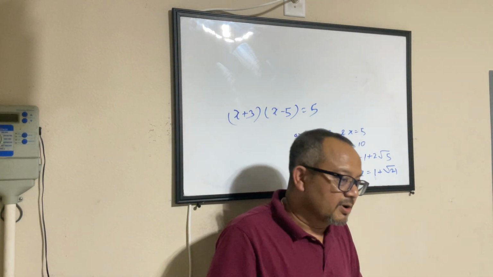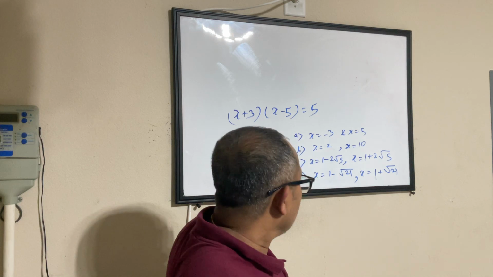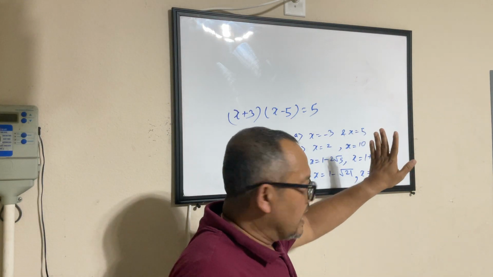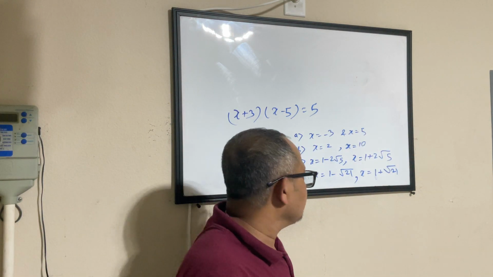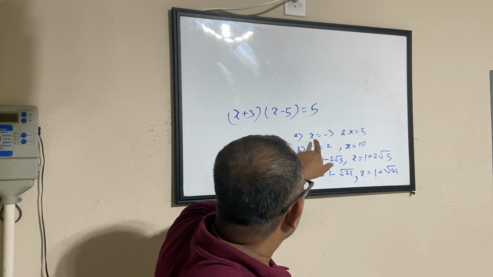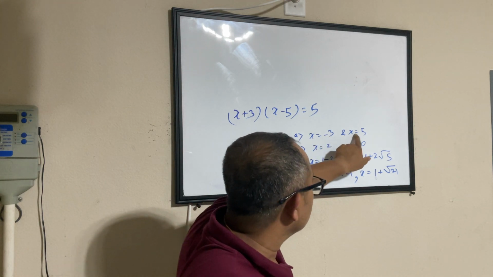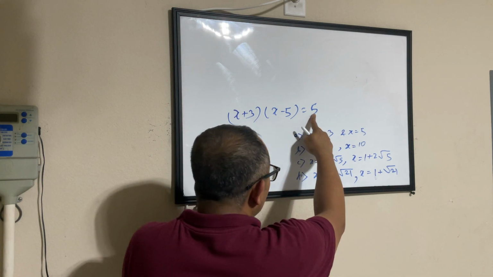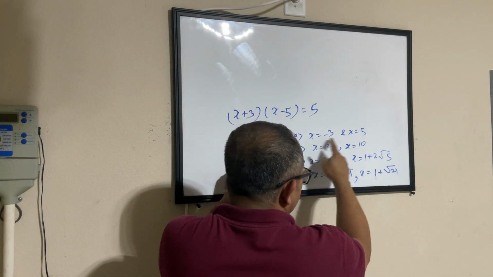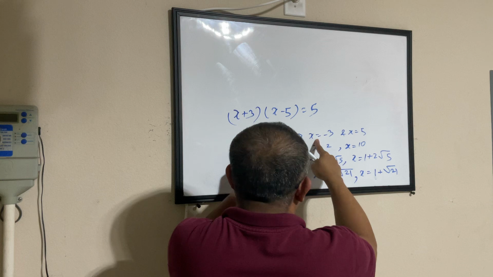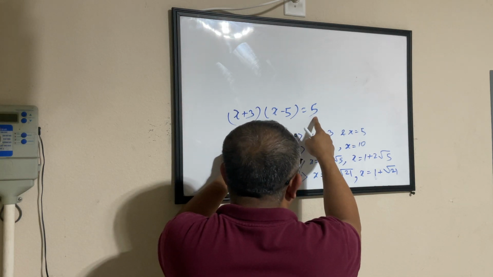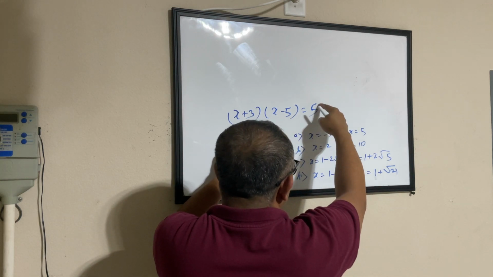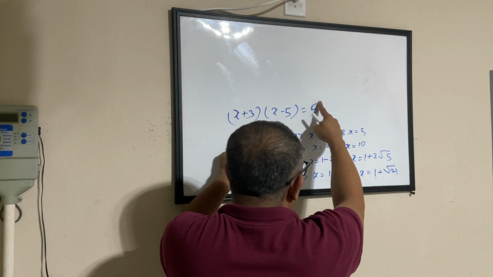This is how we'll go about it. Now, I'm not solving it, okay? I'm going to rely on my instinct. First of all, x equal to minus 3, x equal to 5. If I assume this was 0, that would have been my answer, x equal to minus 3. But this is not 0. This is 5. The best I can do is divide everything by 5 and I have 1 here.